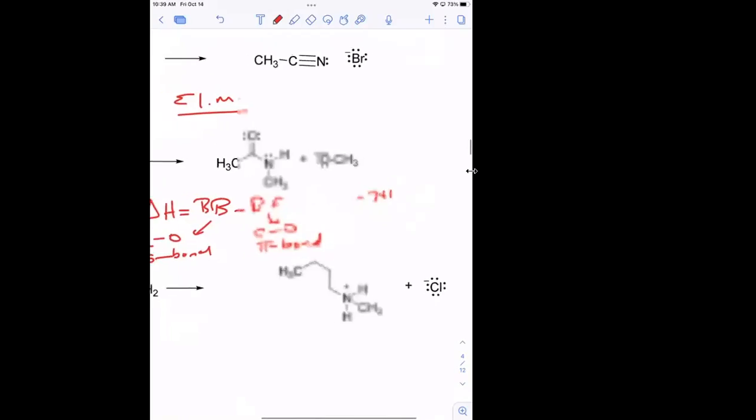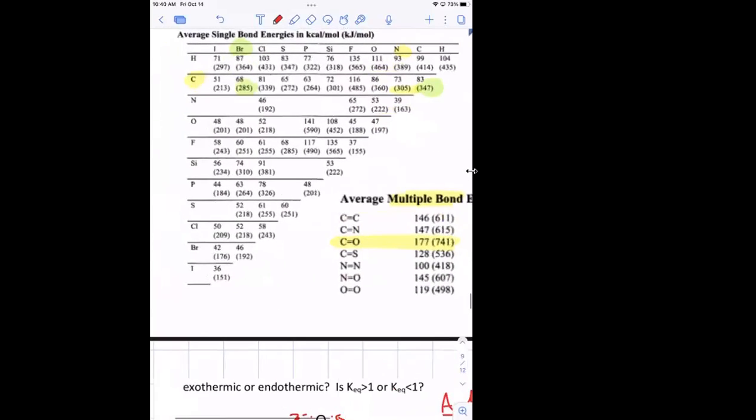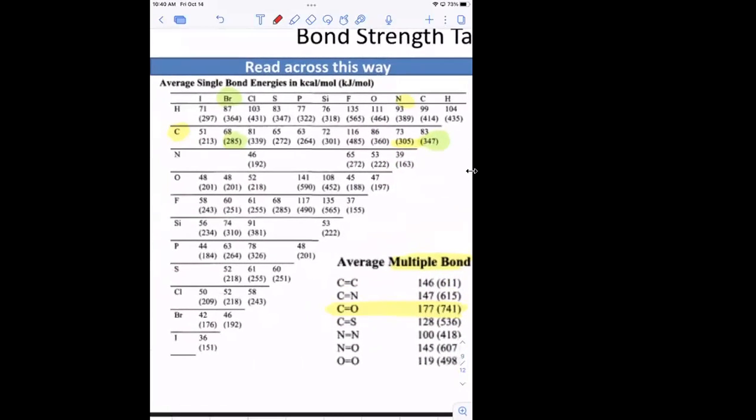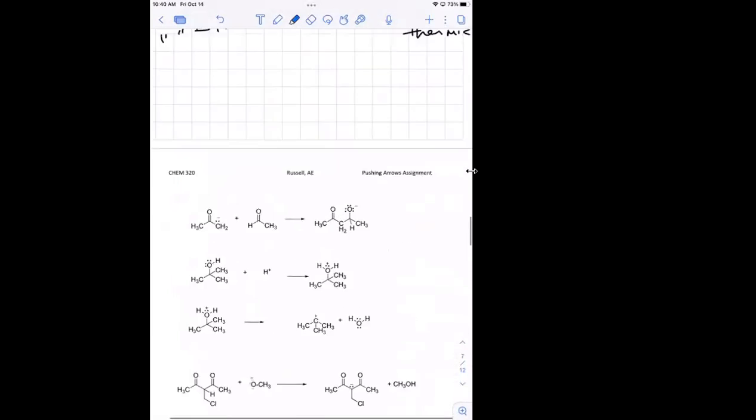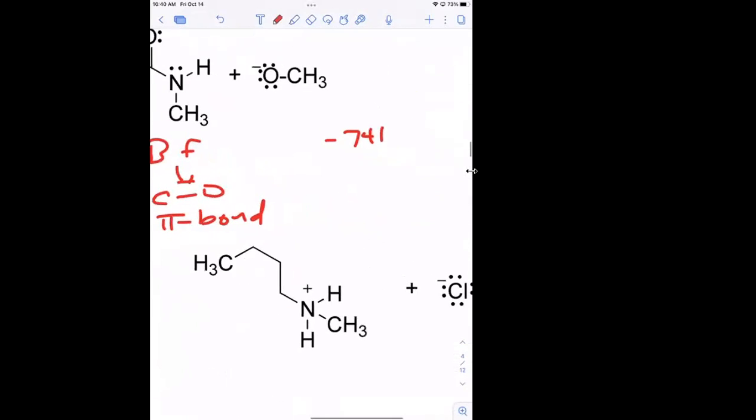I think the C-O sigma is something like 300. So that's fine. I have a chart. So carbon-oxygen single bond is 360 kilojoules per mole. 360 minus 741.